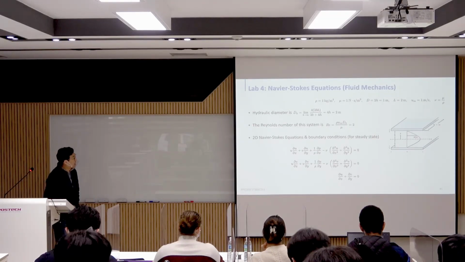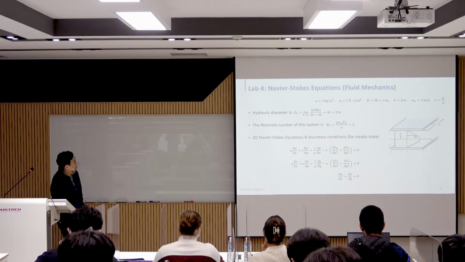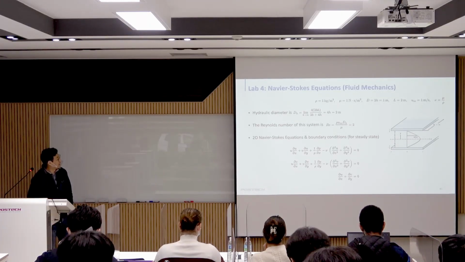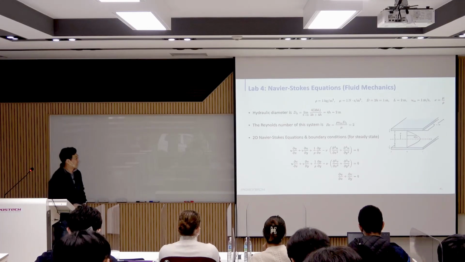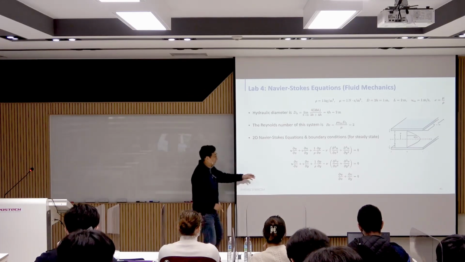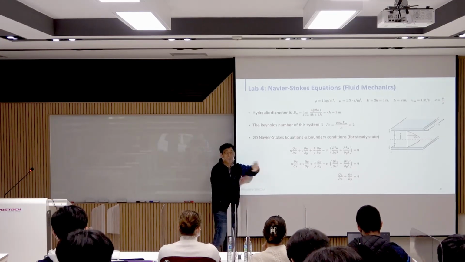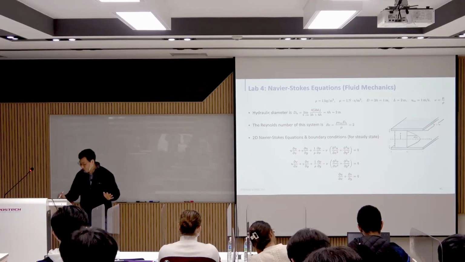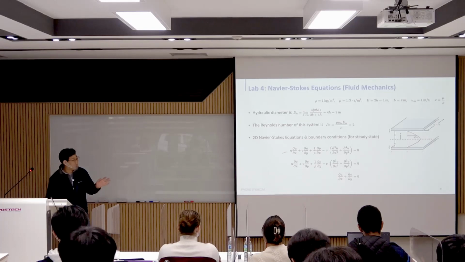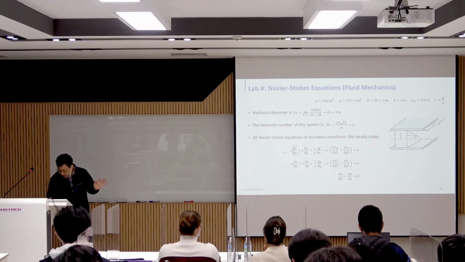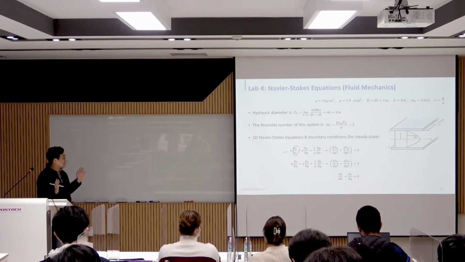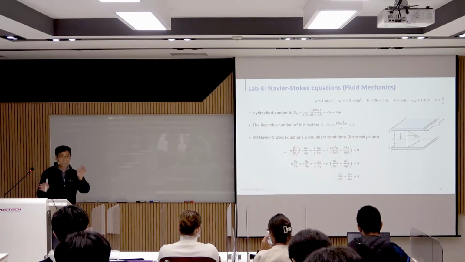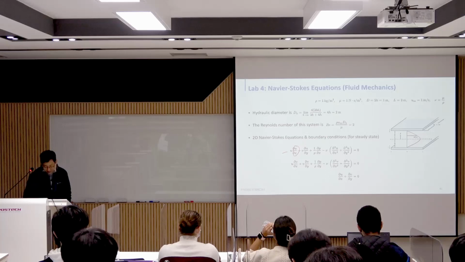And these are the governing equations. It looks complicated, and that's the only thing I want to give you, the impression. You don't have to worry about what U is, or the partial derivative of U with respect to X. You don't have to worry about anything, right?